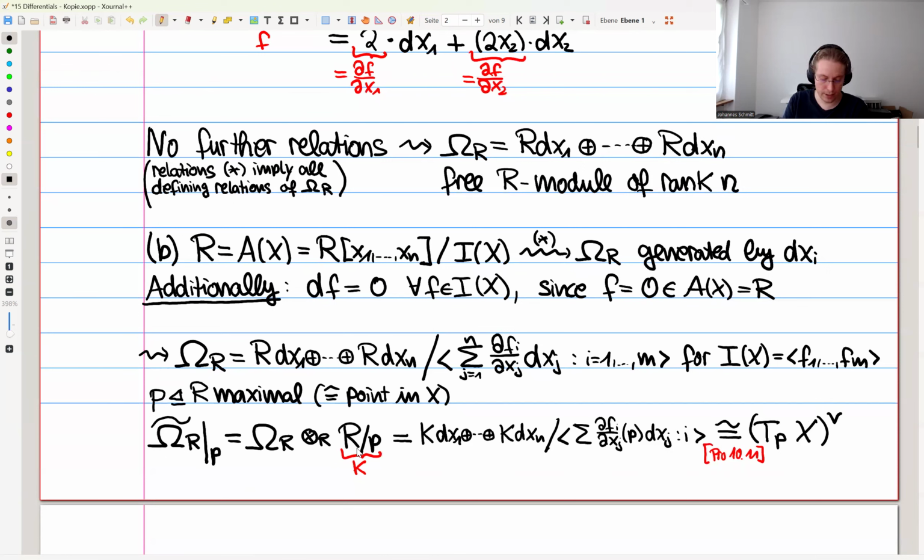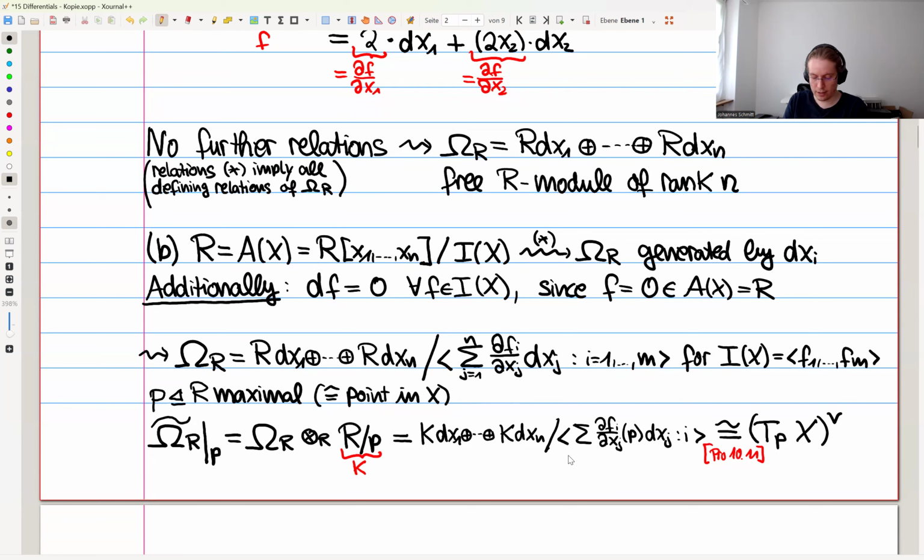What then just happens is that all this direct sum with coefficients R becomes a direct sum with coefficients K. And what happens with these things is that, I mean, tensoring with K, with this particular isomorphism of R modulo P to K, just means that you take these functions and you just evaluate them at the point P. This gives you elements in K, the partial derivatives of these polynomials at this point.